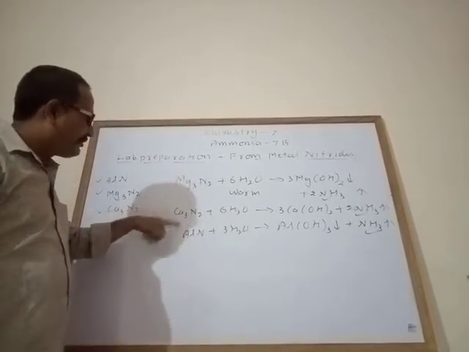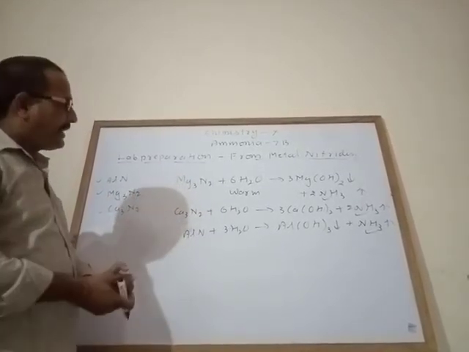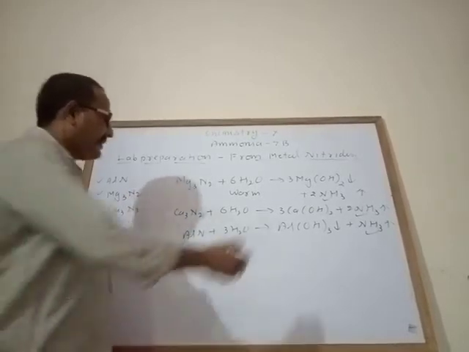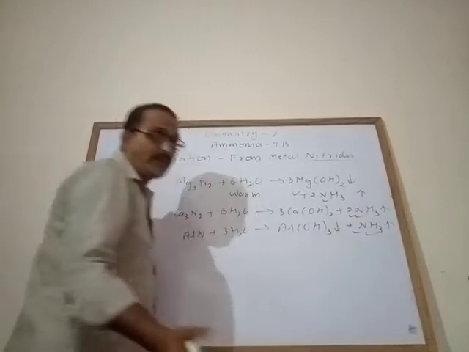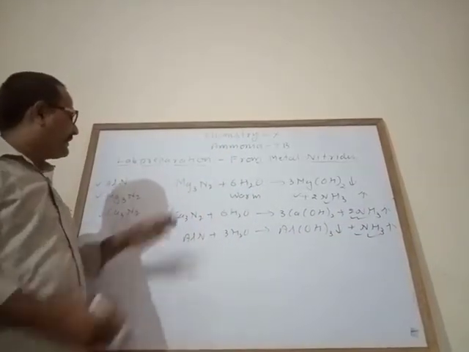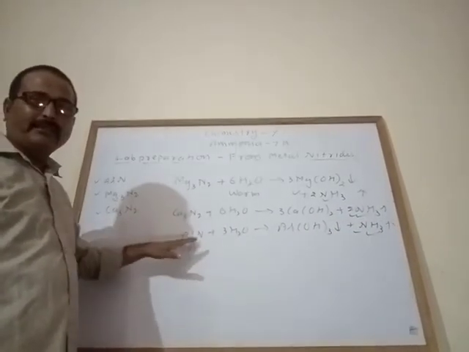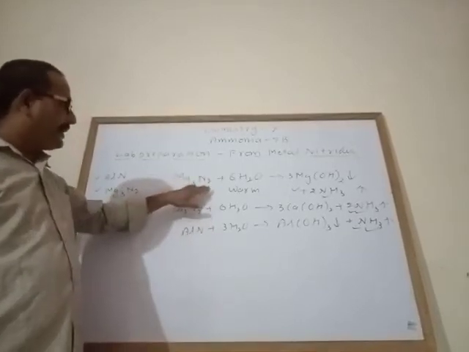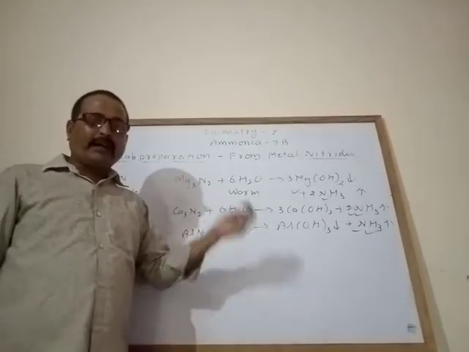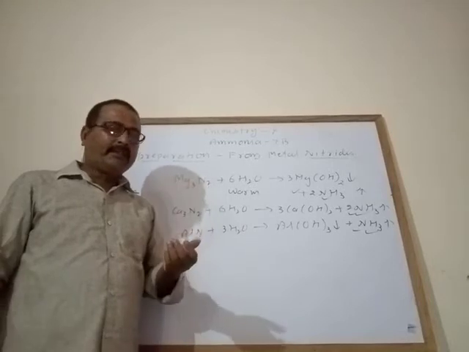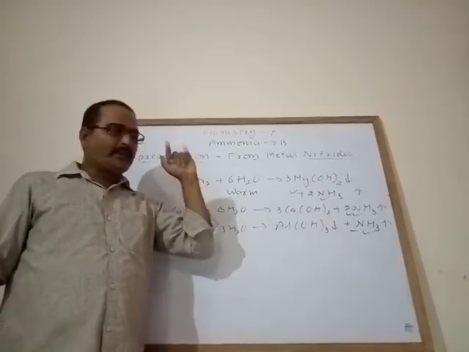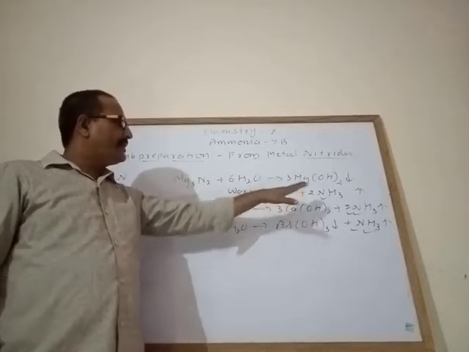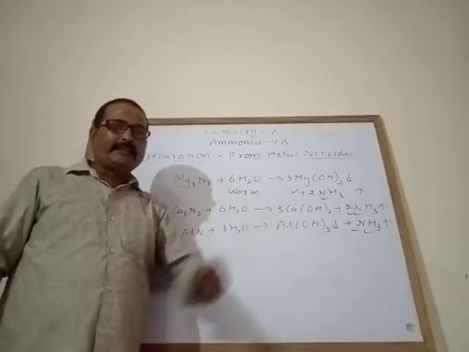How can you identify that the gas coming out is ammonia gas? Suppose you have taken calcium nitride, aluminium nitride, magnesium nitride, and you are using warm water, and some gas is coming out. But how can I identify this gas is ammonia gas?